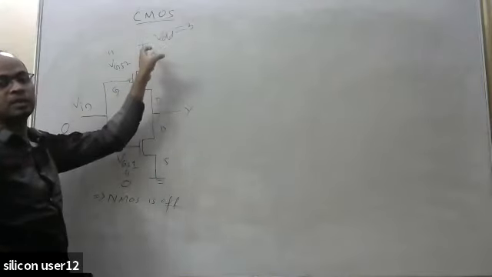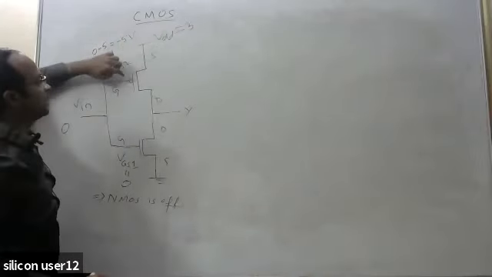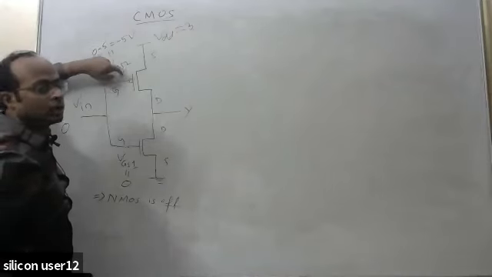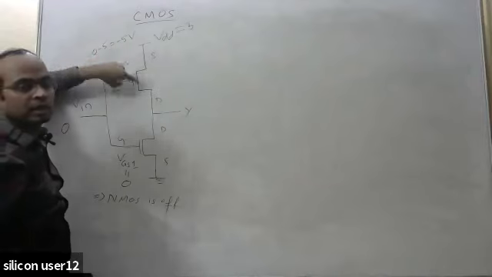VGS means VG minus VS. So that is 0 minus 5, or minus 5 volt. That means I am applying a negative voltage to this gate.